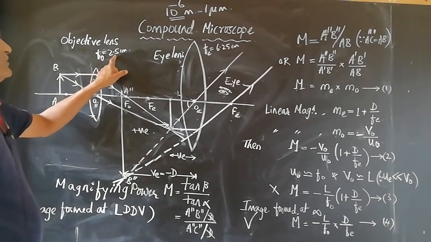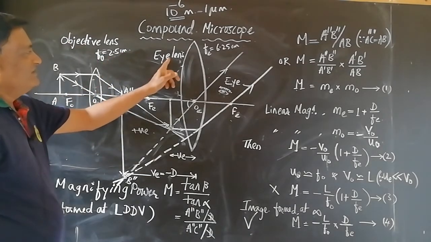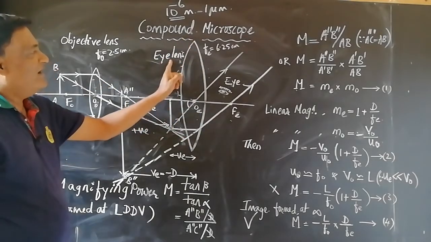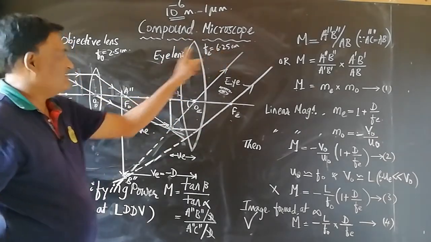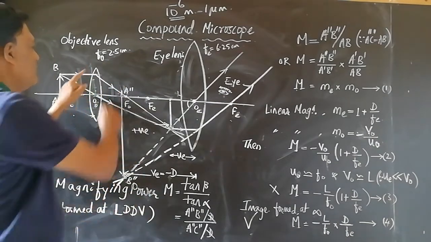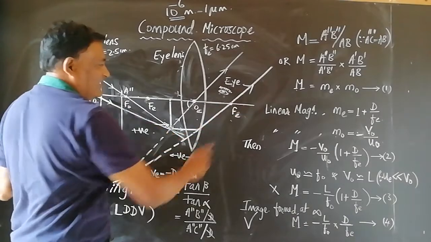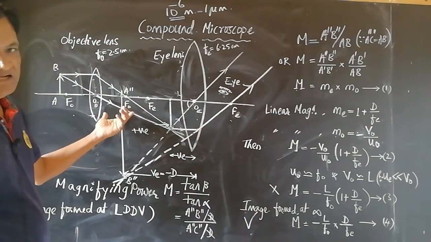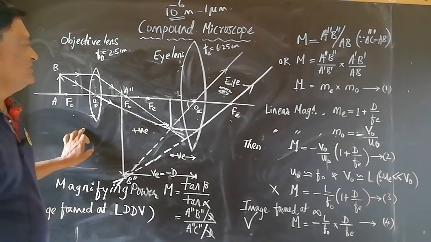Focal length is of the order of 2.5 centimeter, whereas the eye lens is of large aperture and large focal length as compared to the focal length of the objective lens. Both are placed coaxially with a common principal axis, housed together in coaxial tubes.